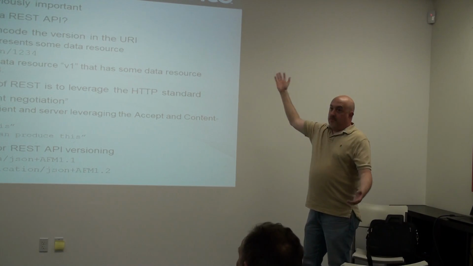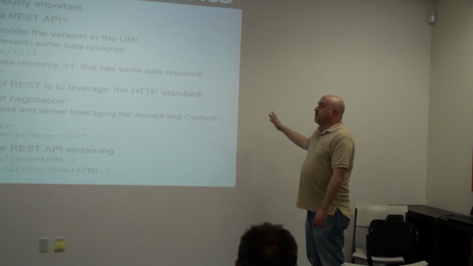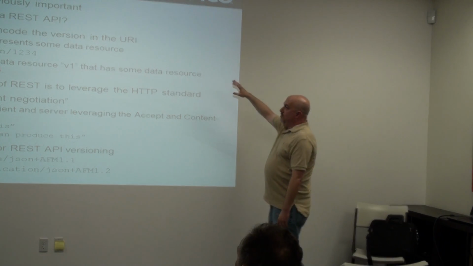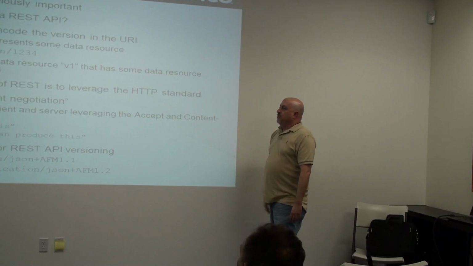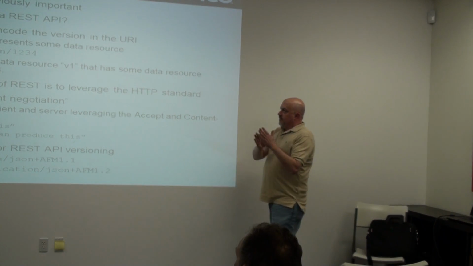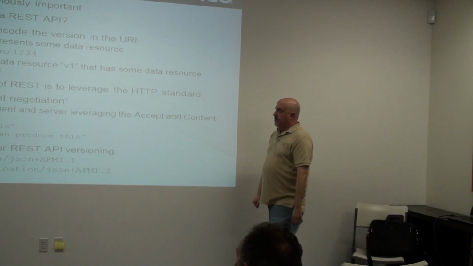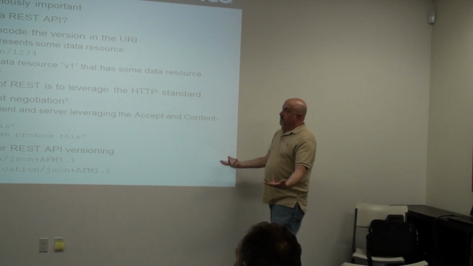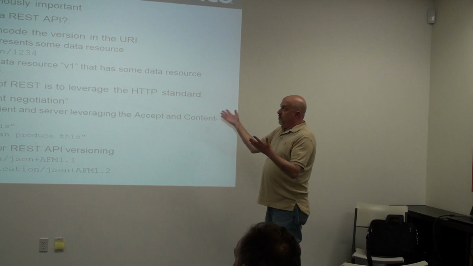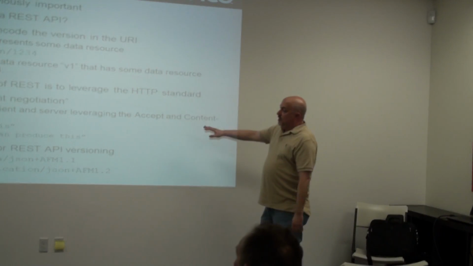That said, a lot of people are doing it that way. That's fine, but if you're following that pure REST concept, the URI implies resources, and therefore V1 is some resource out there. It isn't. It's just trying to say this is my application version, or my protocol version is version 1.